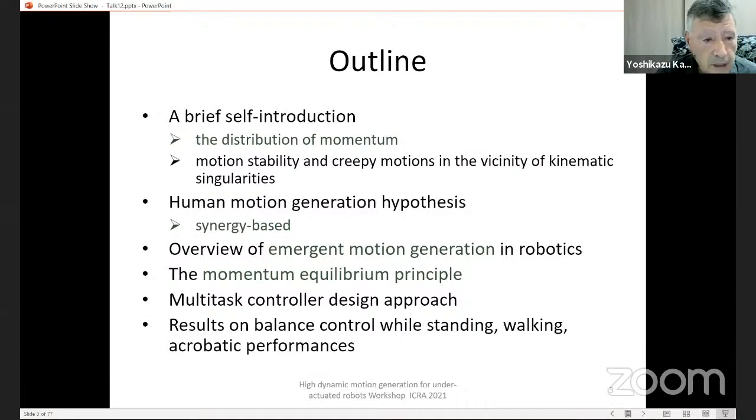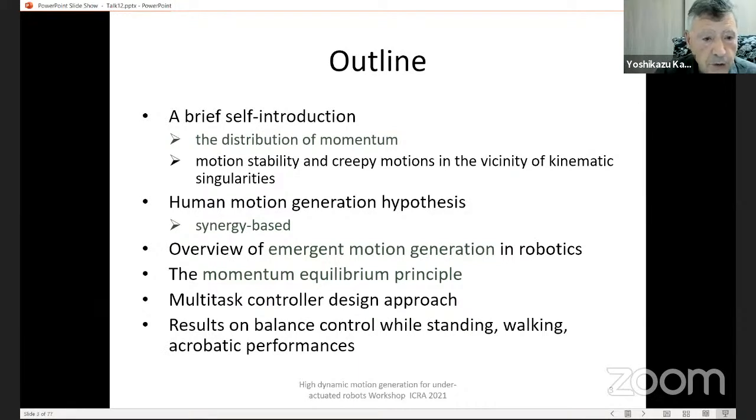Then I will give you an overview of emergent motion generation in robotics. This is not a new problem in robotics, but it's important to think about why emergent motion generation is so important.